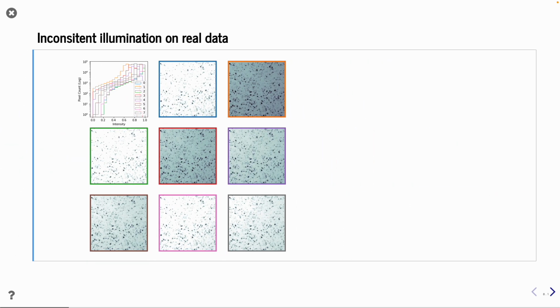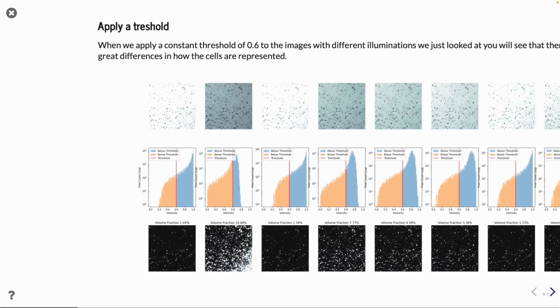And then we try on some real data. This is actually a little bit synthesized because I just added some different intensity levels, but you have this cell colony with different illuminations, and if we try to segment these using the same threshold, we get into trouble.